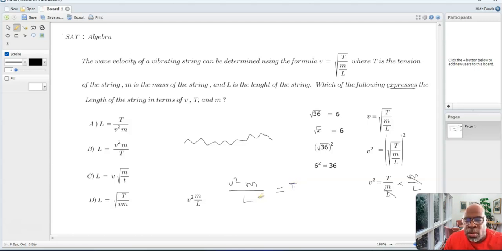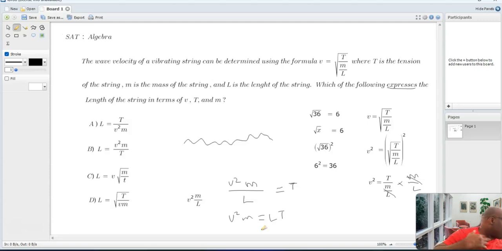But remember, we want L to be where v is, right here. So we can now multiply both sides by L and say v squared m is equal to LT. We remove this L, so that is what we have right there now.